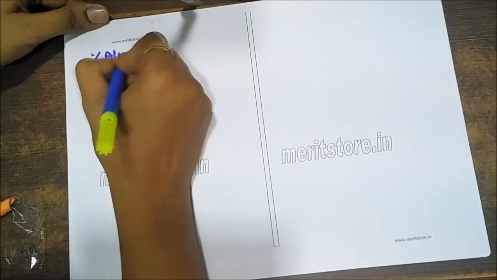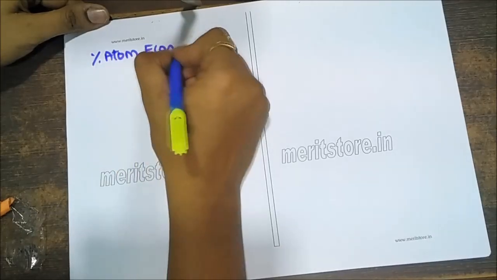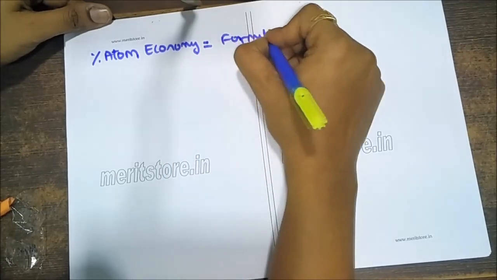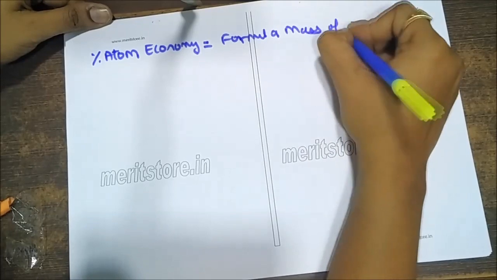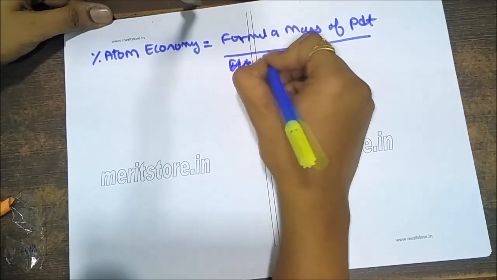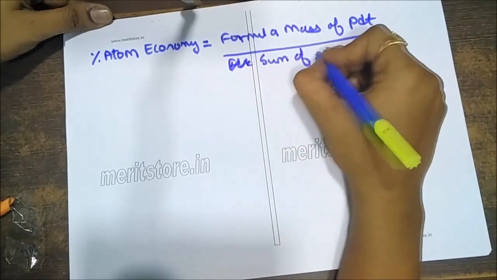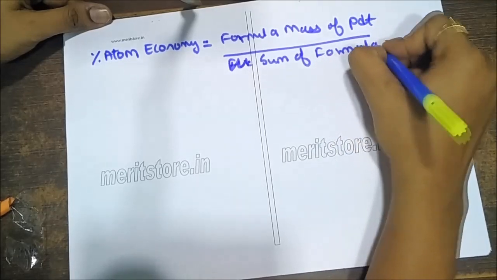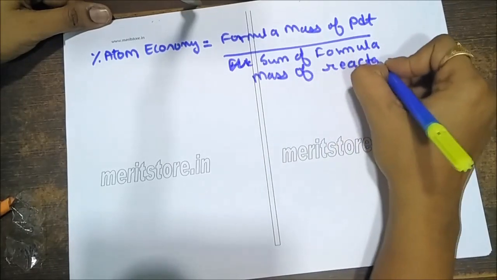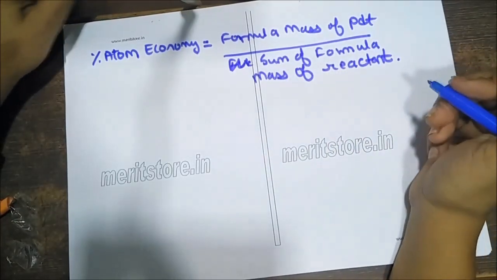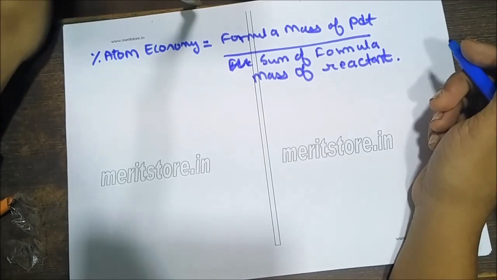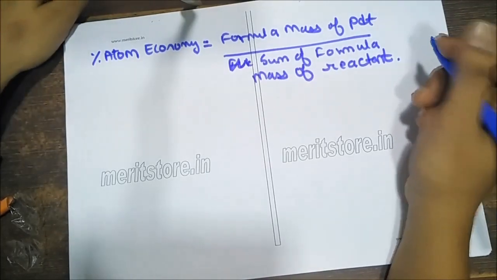It is the formula mass of product upon the sum of formula mass of reactants. So a good atom economy means most of the reactants are converted into the product, and so there is less byproduct or waste disposable products being formed.